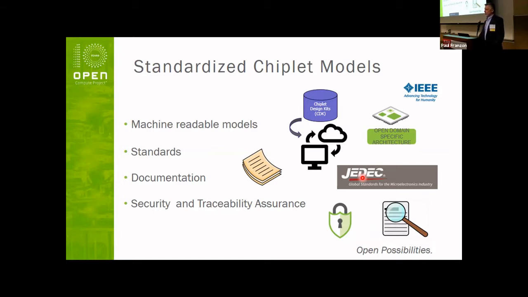We will obviously want to leverage existing standards that exist and modify those as required. And where we don't have existing standards, we'll drive the development of a few new standards also as required. Although we do recommend machine readable models, there still is a need for some level of documentation in the integration guidelines.